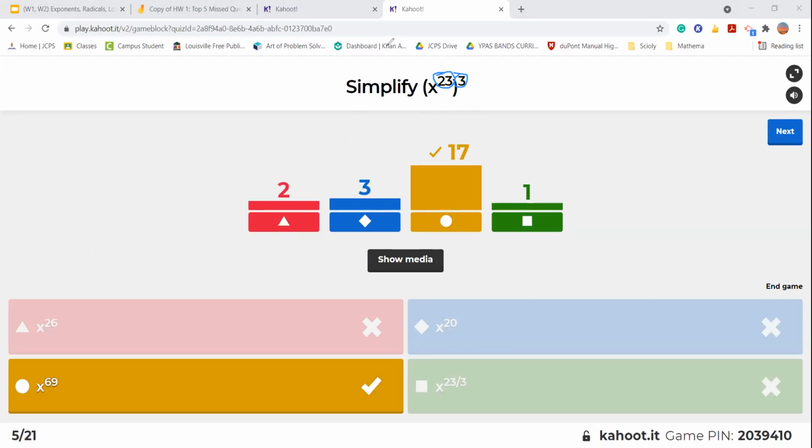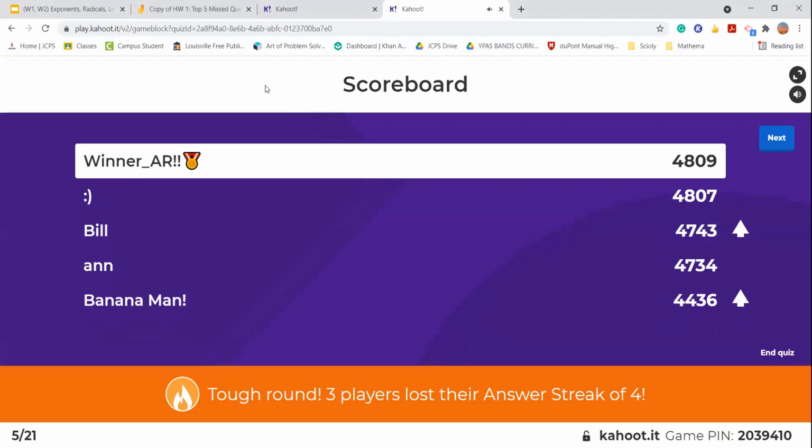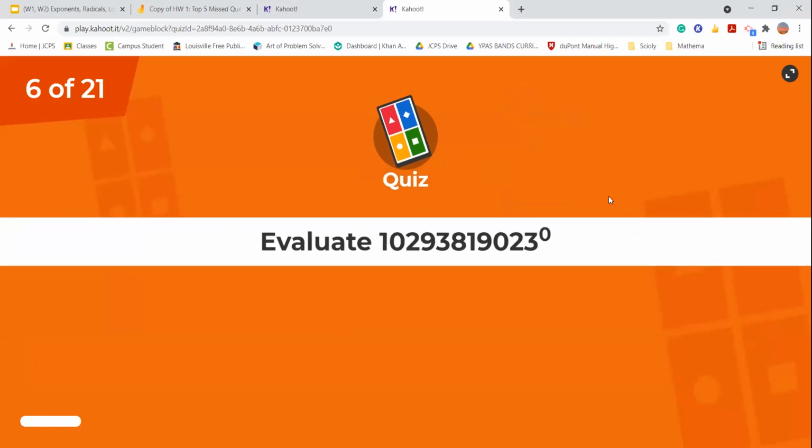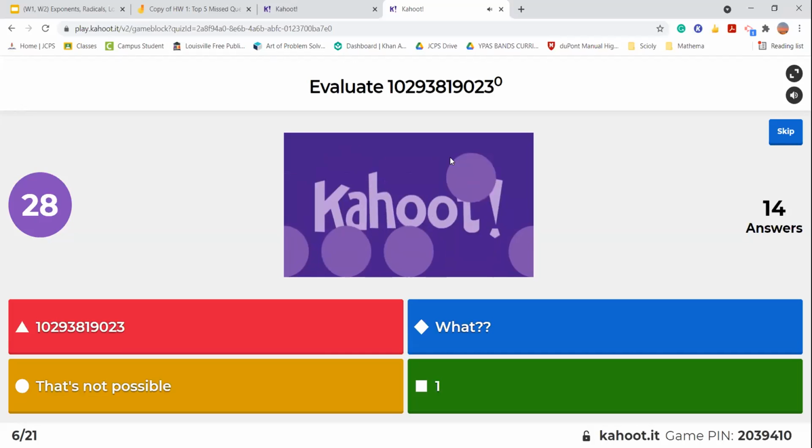Okay. Who's leading? The winner is leading. Ooh, speed. Wow.